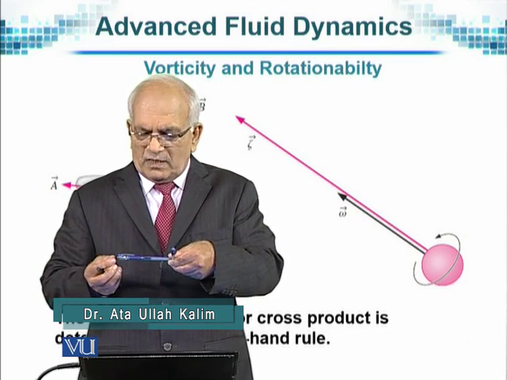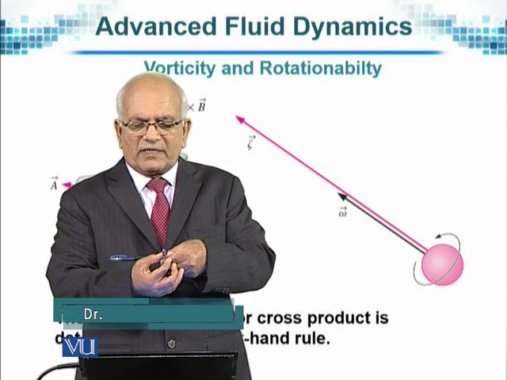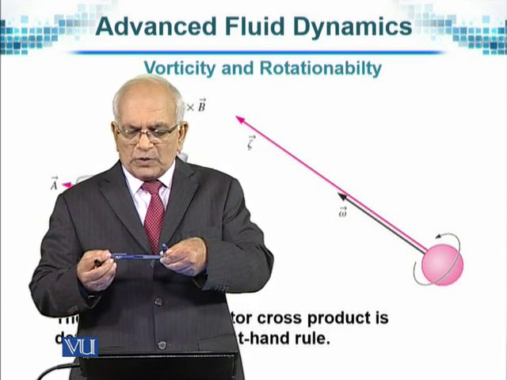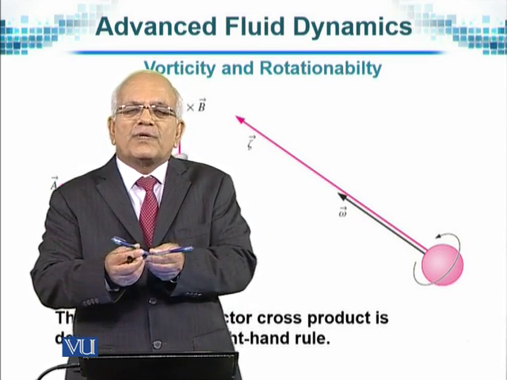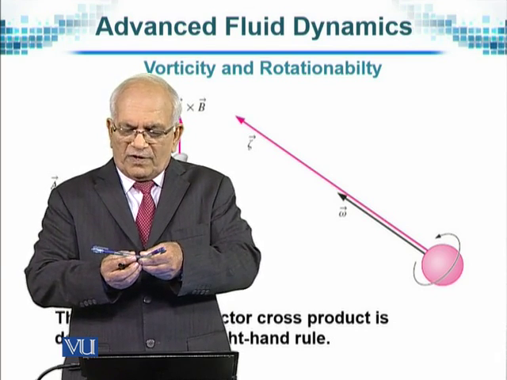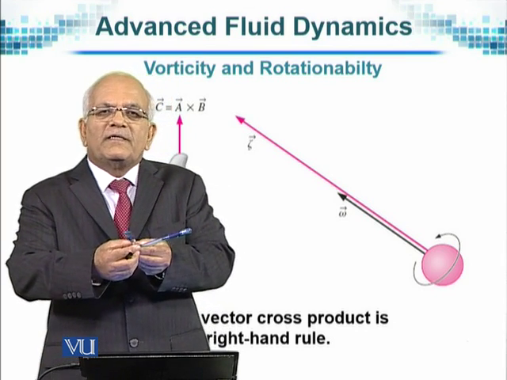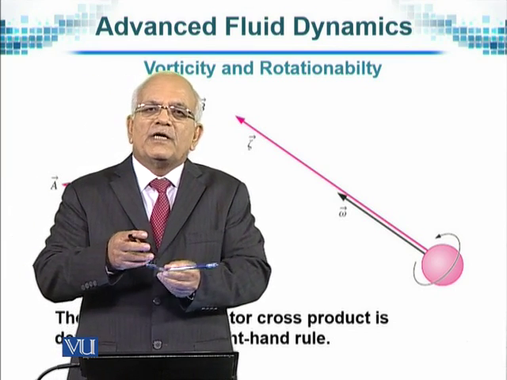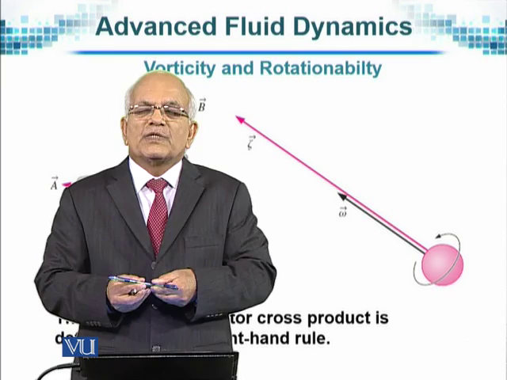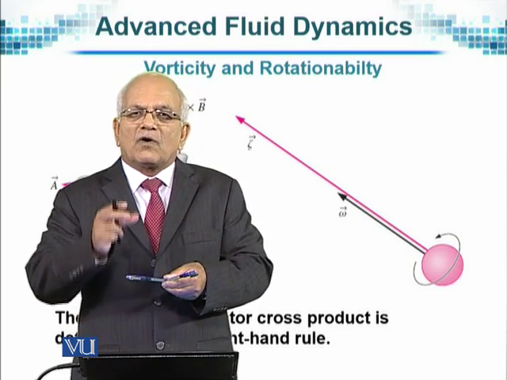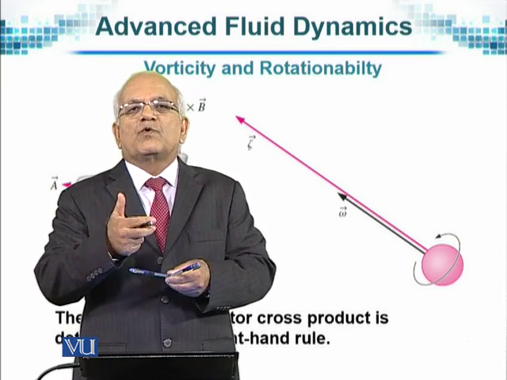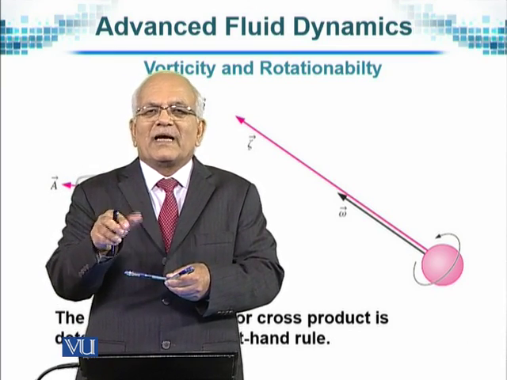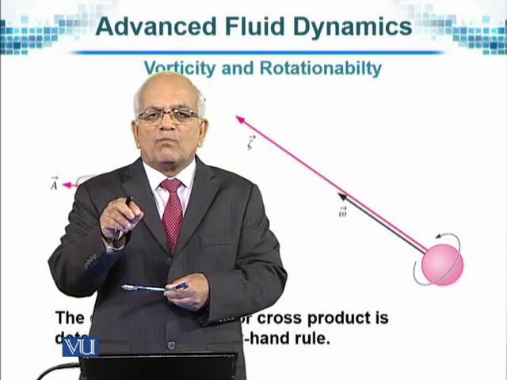A is in the x direction, and the vector b is acting in the y direction. And if we are trying to rotate it, then what will be the direction of the resultant vector? You will see, according to the right hand thumb rule, or even with the right hand, you try to move the screw.